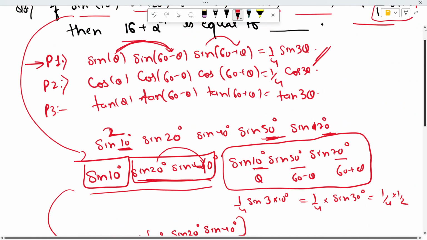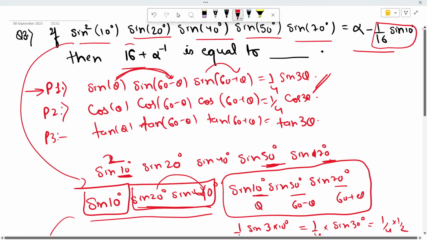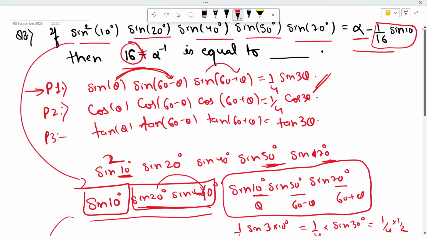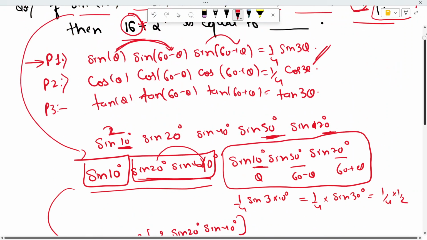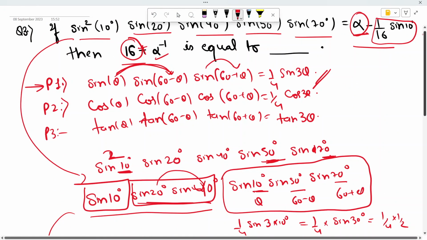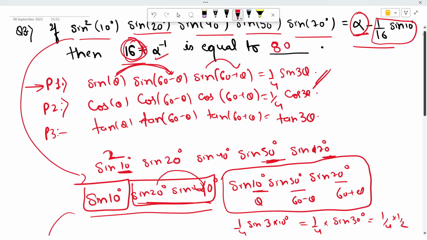Now what are they asking? They are asking about 16 plus alpha inverse. What is the value of alpha? We have alpha is 1/64. Alpha inverse will be equal to 64. So they are asking about 16 and this 64. Addition of this will equal 80. So the answer will be 80.